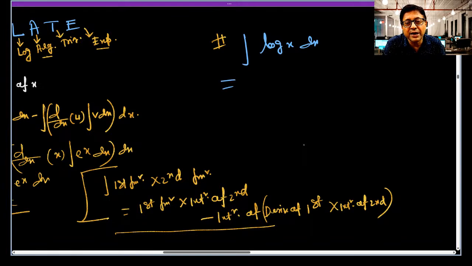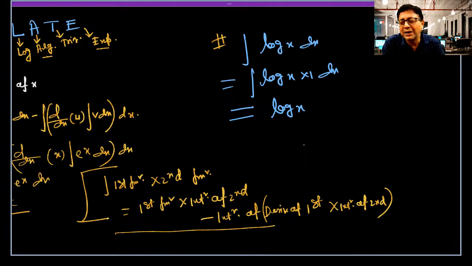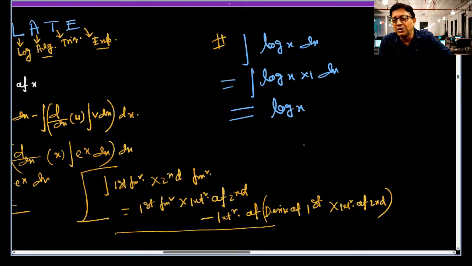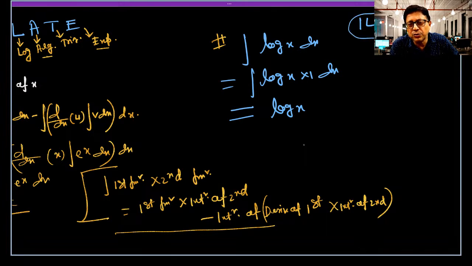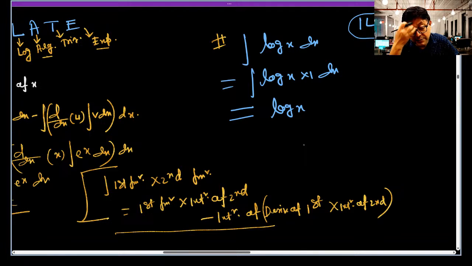So we can write the integration of log x into 1 dx. So log x will be the first function. 1 is an algebraic function, no? If you follow the ILATE rule, in ILATE, log comes first, then algebraic.